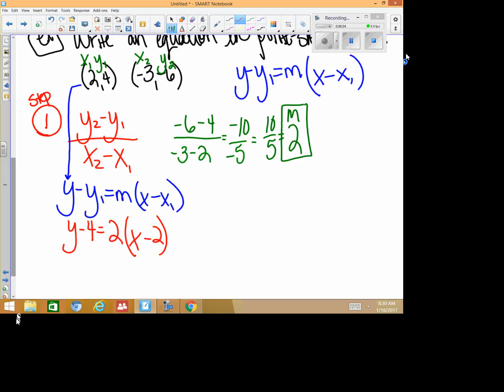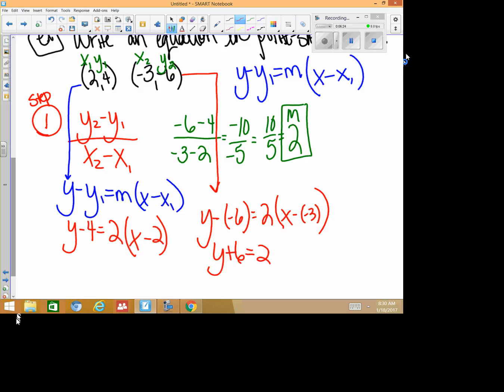If I use this point, I get y minus negative 6 equals 2 times x minus negative 3. Now on this one, I do want you to simplify it to make it say plus positive, okay? So y plus 6 equals 2 times x plus 3. It makes you look smarter, and that's how it will be on your multiple choice, okay?